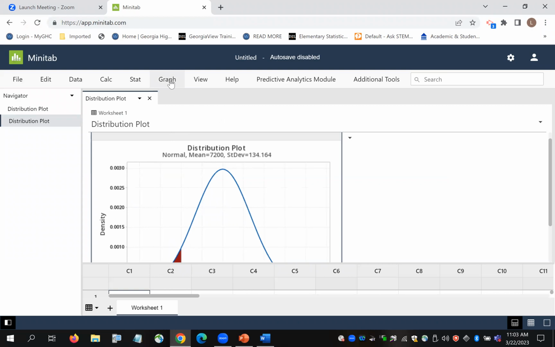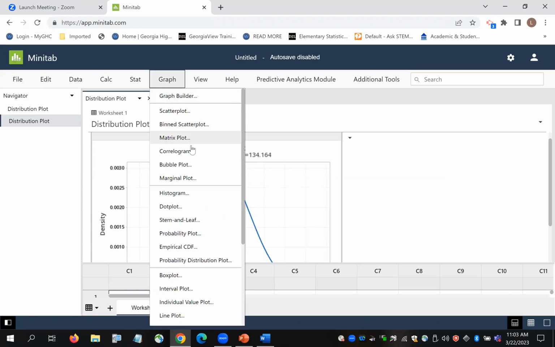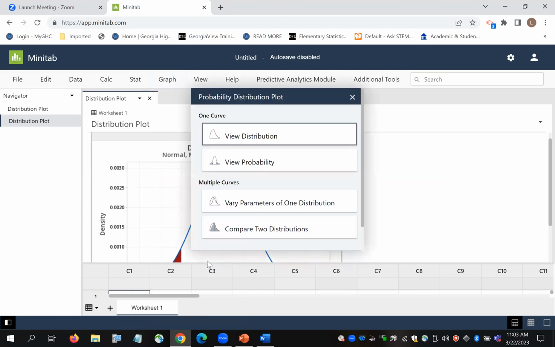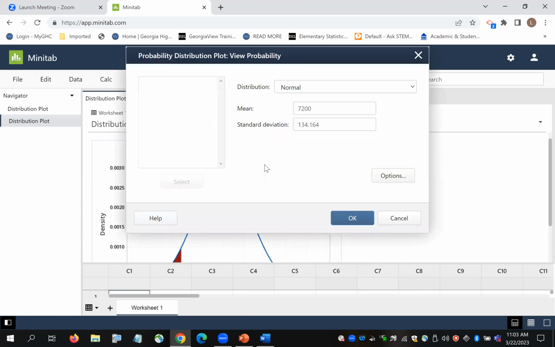Okay, so we have graph, probability distribution plot. We're going to view the probability. Again, it's normal with a mean of 7,200, standard deviation of 134.164.